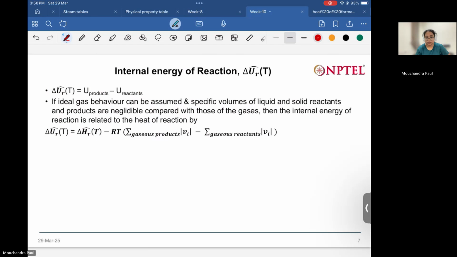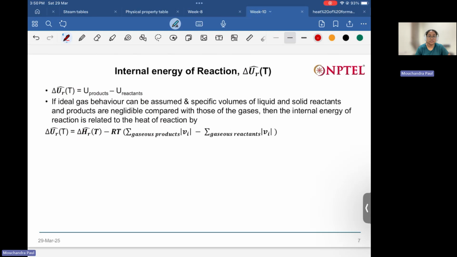Now, apart from the heat of the reaction, you can also calculate the internal energy of reaction. The change in internal energy of the reaction at temperature T is the internal energy of the products minus internal energy of the reactants.